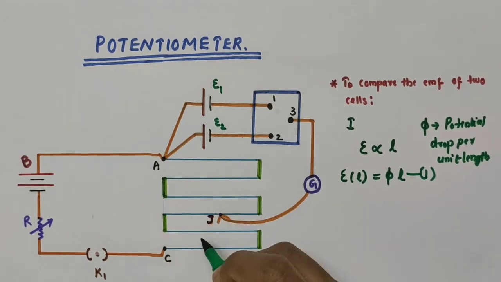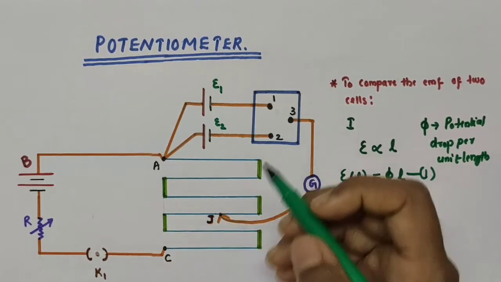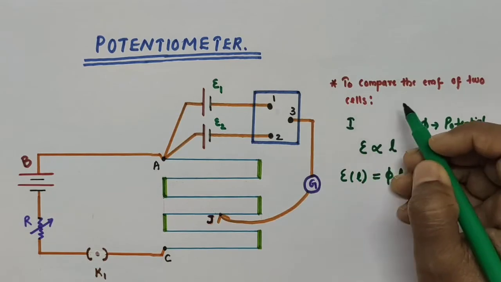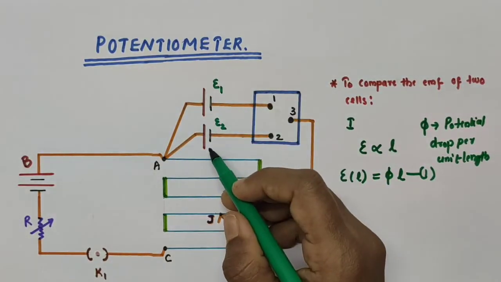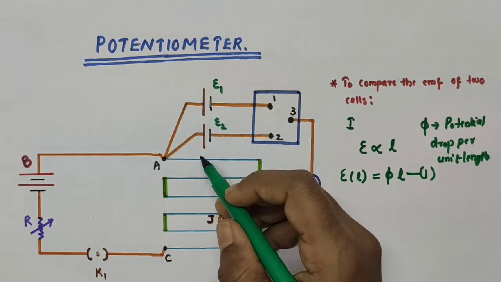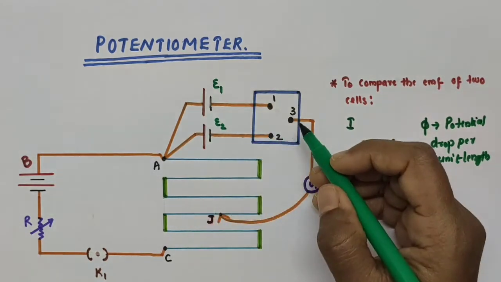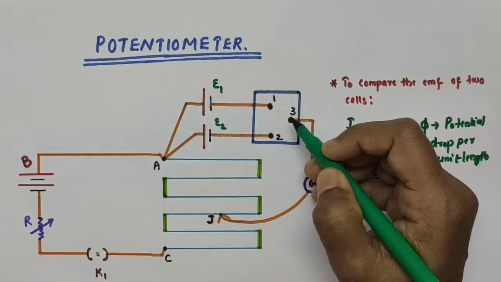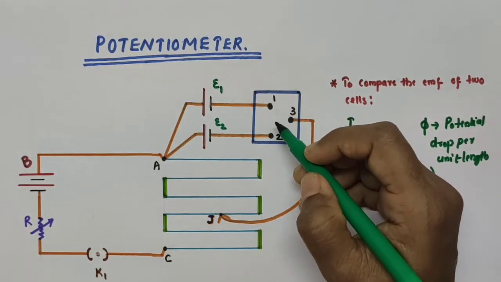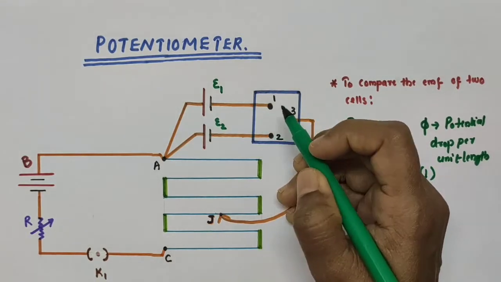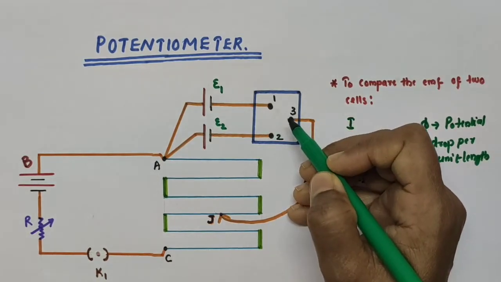This figure shows an application of the potentiometer to compare the EMF of two cells. Here we have two cells of EMF E1 and E2. First consider the position of this key. Here we have a two-way key. First consider the position of the key where 1 and 3 are connected.